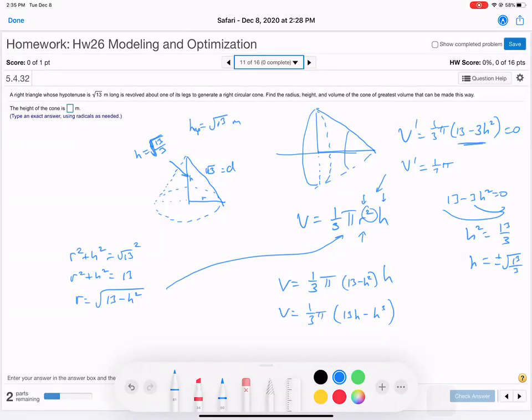Okay, so also now, is that clean enough? 13 minus 3h squared goes to 0 at the square root of 13 over 3. And the slope changes from positive to negative, because if I pick a number bigger than this, it will become more negative. So our volume would be decreasing on the right, and on our left it would be increasing, okay?